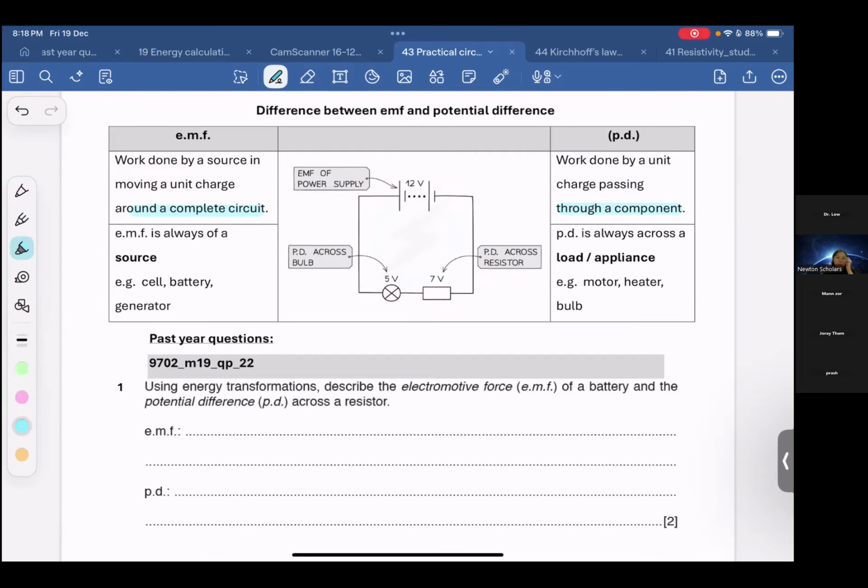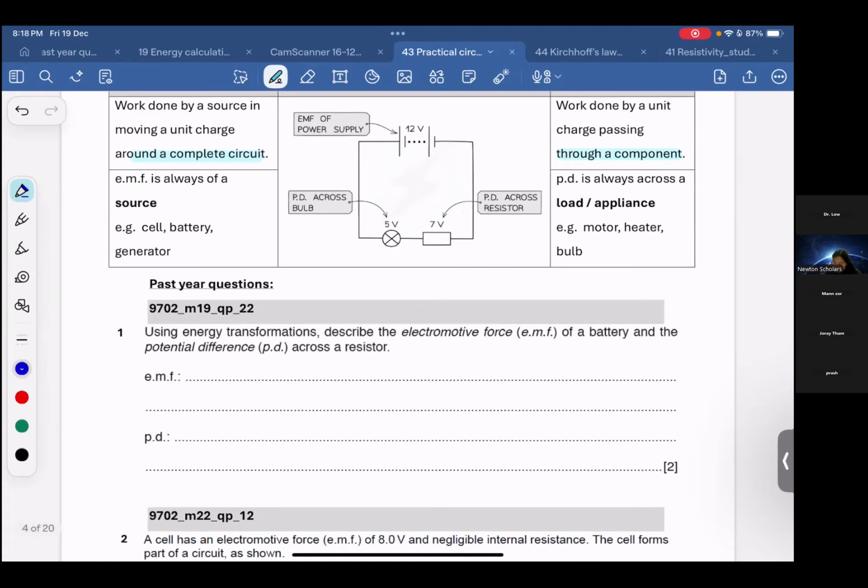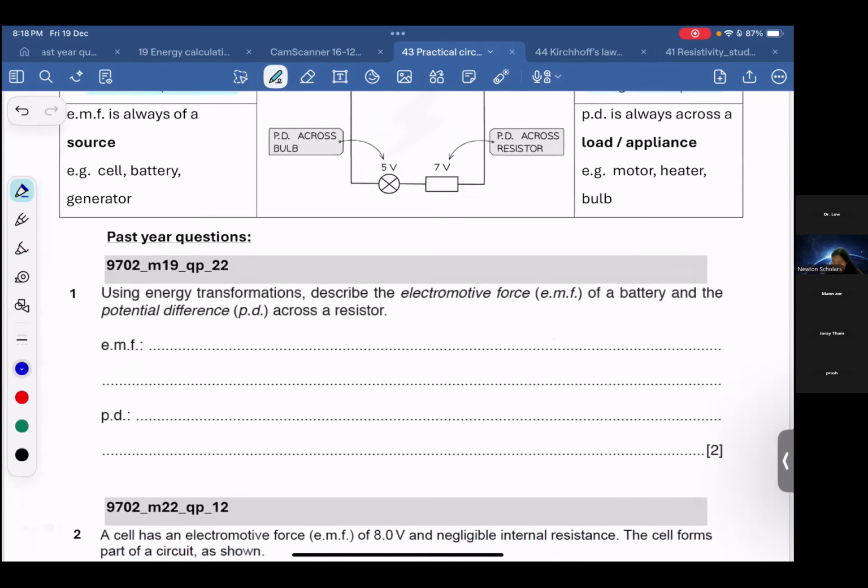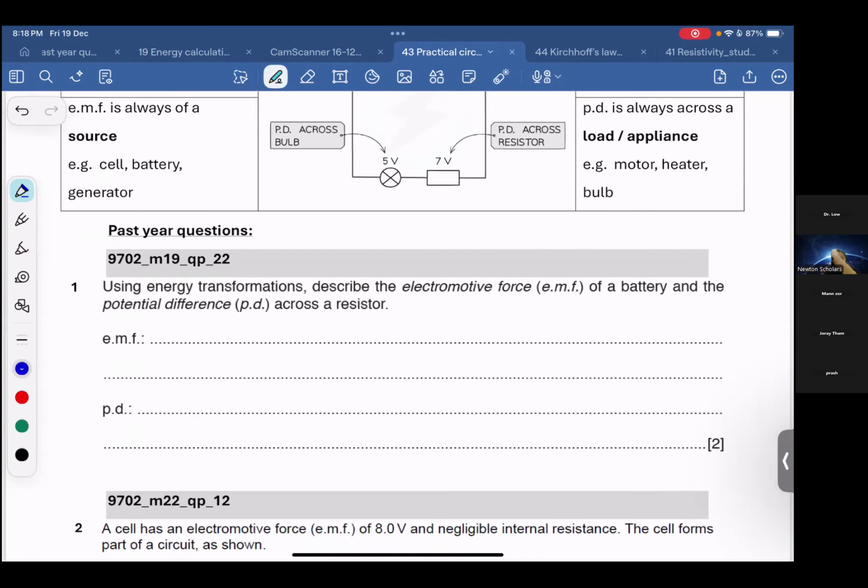Next, using energy transformation, how does energy transfer? Describe the EMF of a battery and the potential difference across a resistor. You need to think: for the EMF of a battery, energy transfers from what to what?